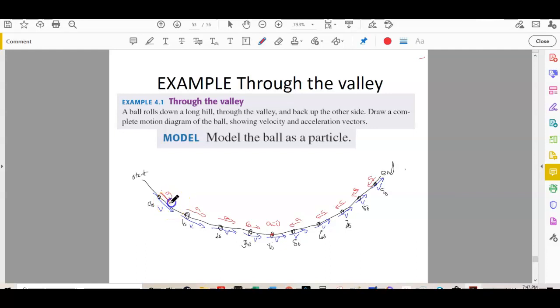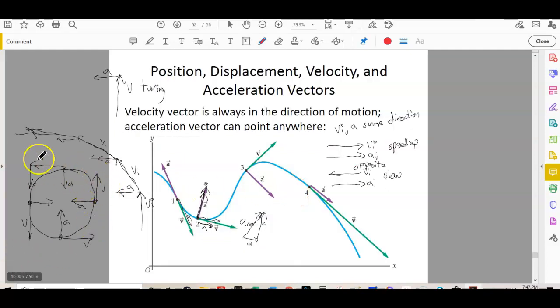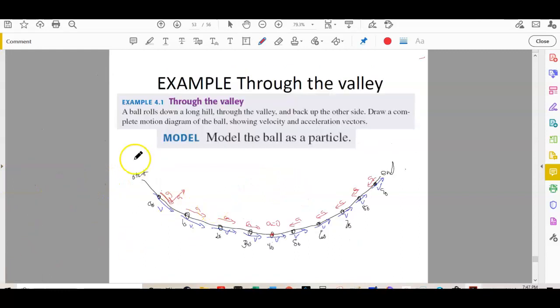But now you have an additional acceleration vector. I'm going to attach it to that, which is pointed perpendicular to the direction of motion. Anytime you go in a circle, like we talked about over here, and since this path is circular, you're always going to be accelerating towards the center of that circle.